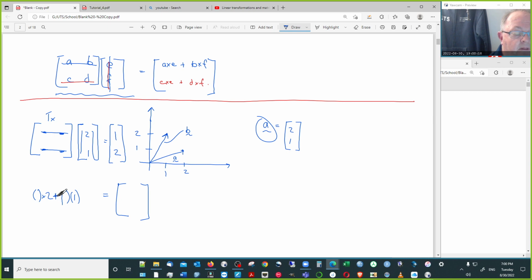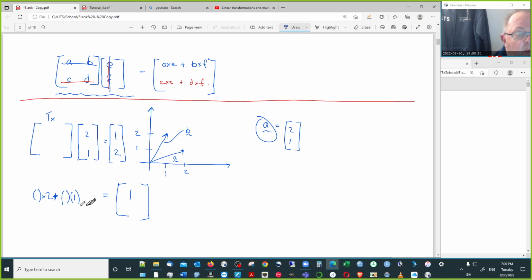We want that entry there to be a 1, so let's think about what numbers can go in the brackets that give us the result of 1. Because this is the sum of products, we've got something times 2 plus something times 1. We've got to be a bit creative, not too creative.